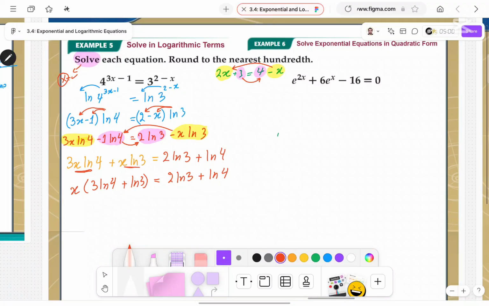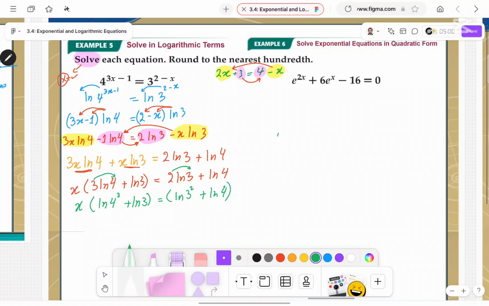Now, we can reverse the power property, which means I can now take the 3 to the power of 4, and I can take 2 to the power of 3. So now the equation becomes x times (ln 4 to the power of 3 plus ln 3) equal ln 3 to the power of 2 plus ln 4.